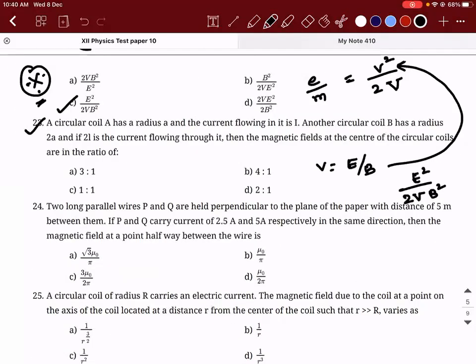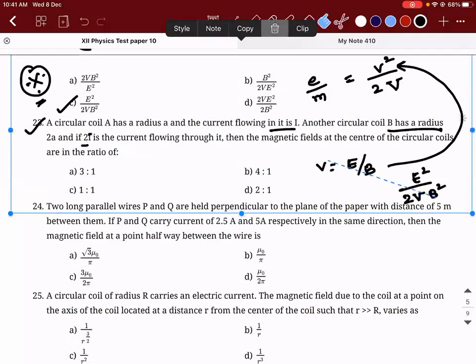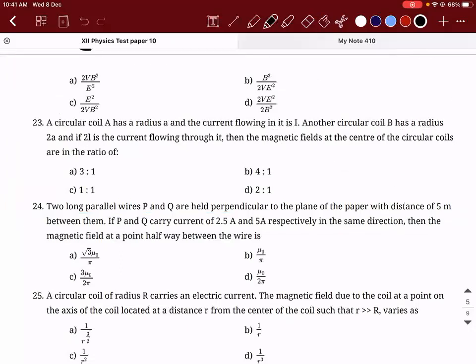There is a circular coil which has a radius a and the current flowing through it is I. Another circular coil has a radius of 2a and the current is 2I. And from next time onwards, if these kind of printing mistakes come, understand that it is I. Then the magnetic fields at the centers of the coils will be in the ratio.